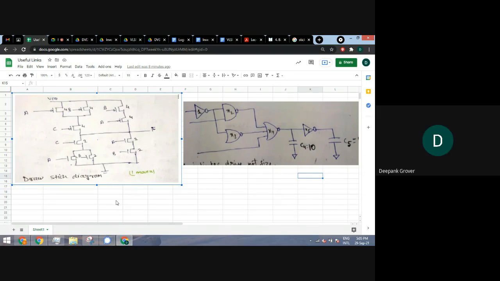Okay. So, sir, the problem was that I wanted the poly to be vertical, but if I make everything horizontal, then I cannot bend poly, as you told in one lecture. So I should put some via between poly and metal, and then route the metal, because these are both parallel and these are both series.